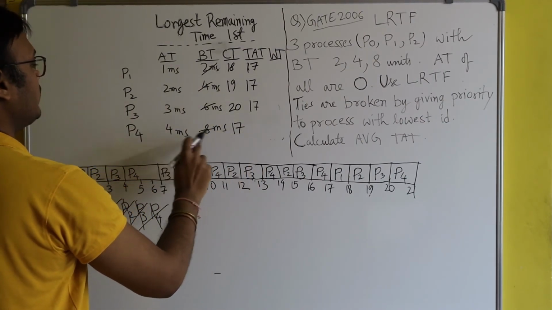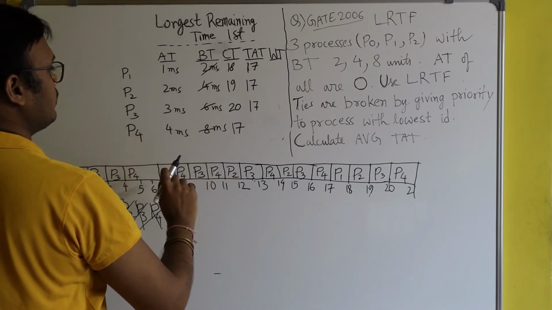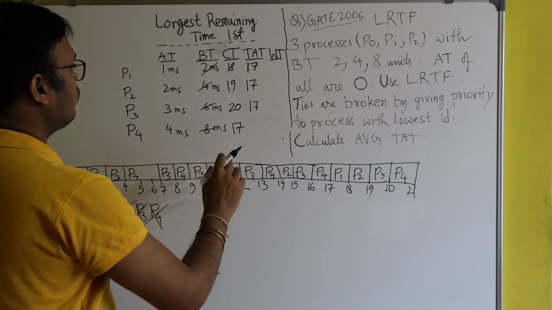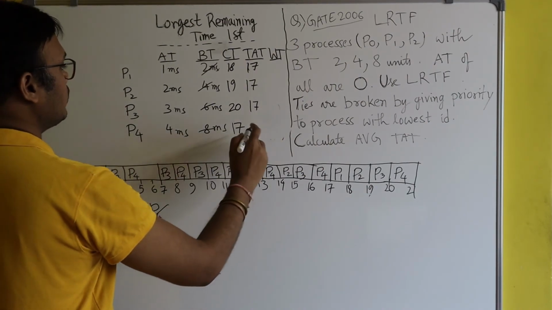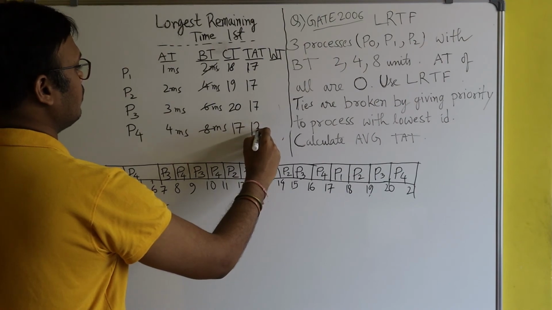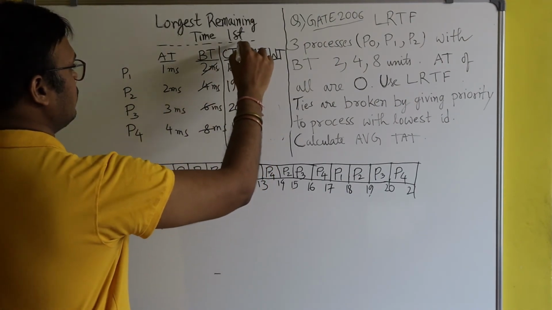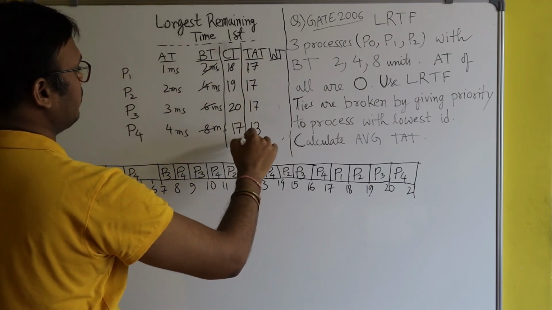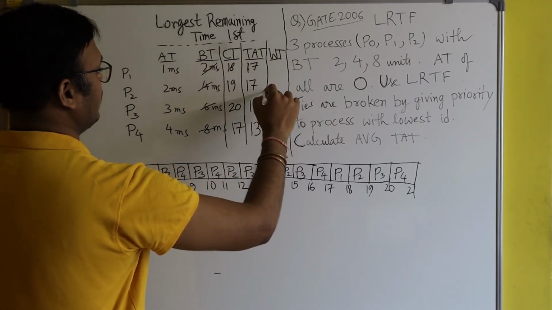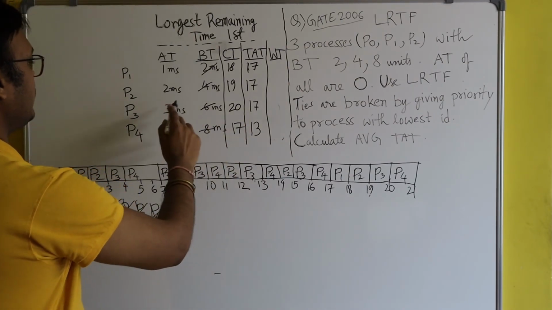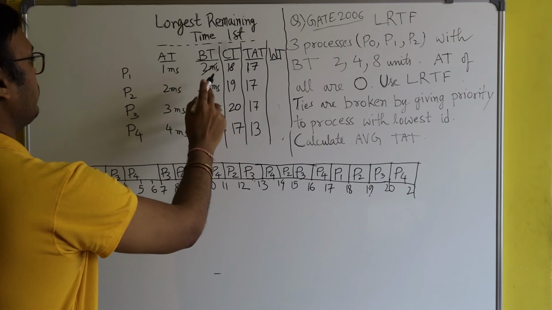For P4, it will be 17 minus 4, 13. Here I should draw the line, because I myself got confused while writing this. 20 minus 3, 17. 19 minus 2, 17.